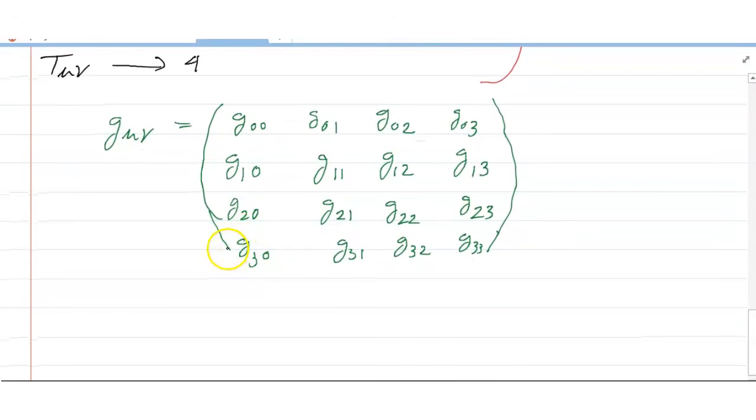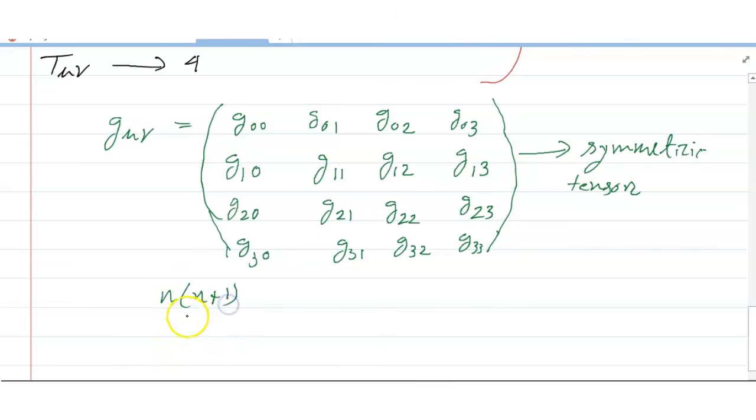This is the metric tensor, friends, and it is represented as a matrix, and this is a symmetric tensor. So friends, for the dimension of a symmetric tensor, I have already discussed that n into n plus 1 divided by 2 equals the dimension of a symmetric tensor.